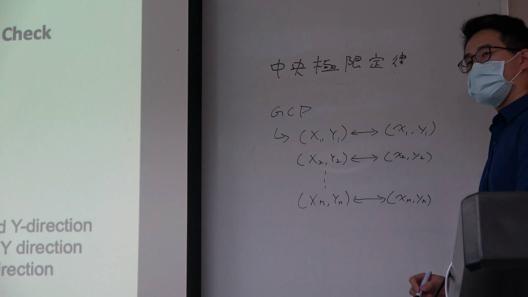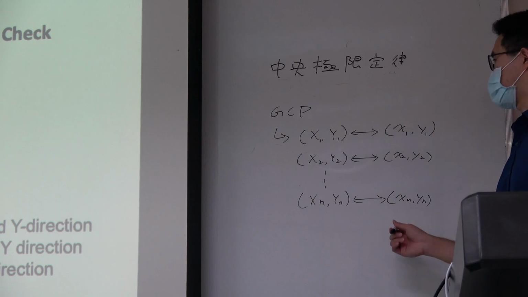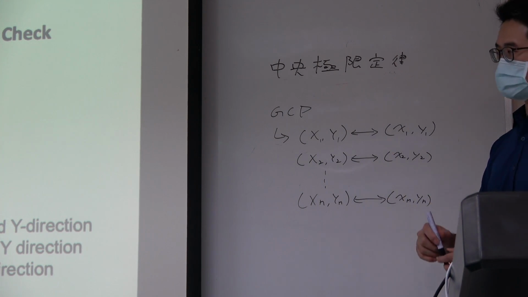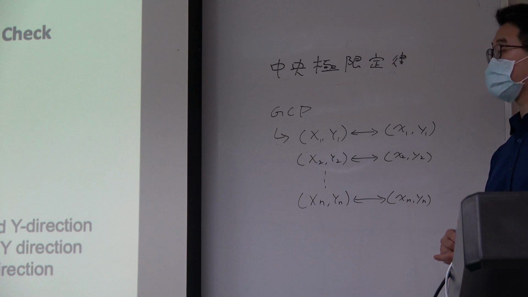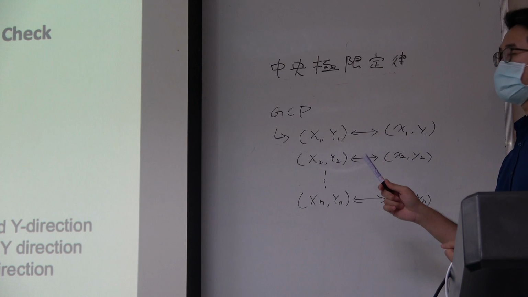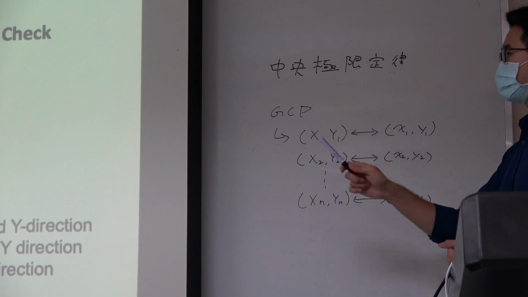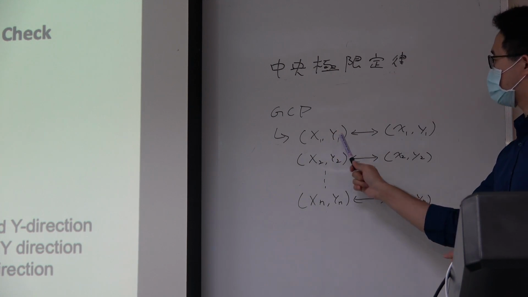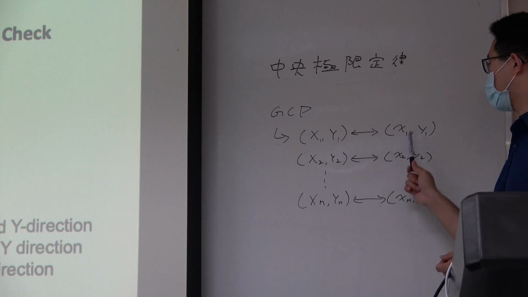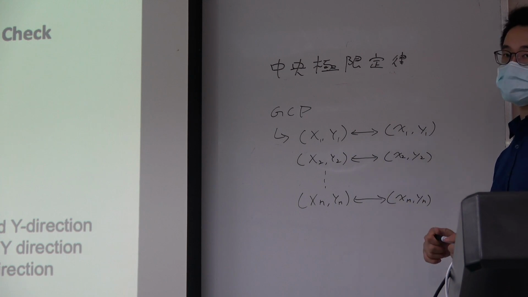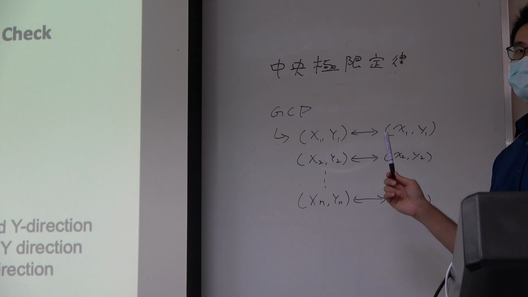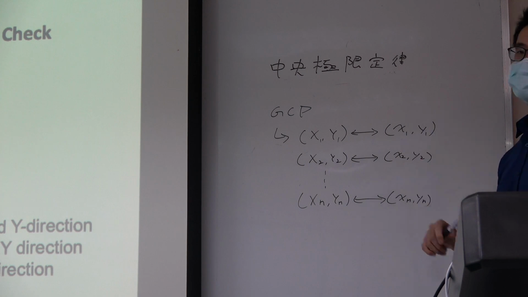All right, this is your GCP. So basically, you are going to take some control points with the known object space coordinates x and y, and also the known image space coordinates x and y. Right? You need to have that.